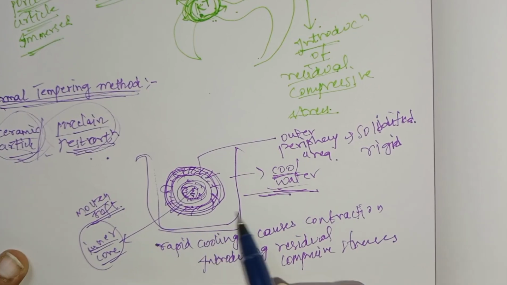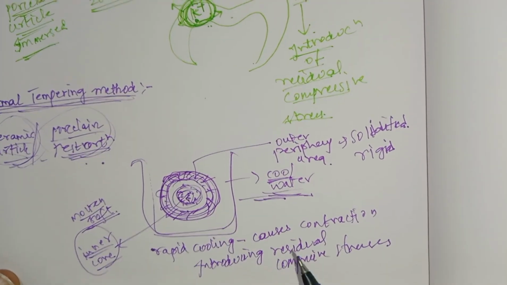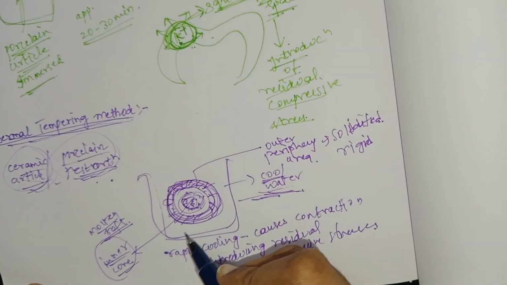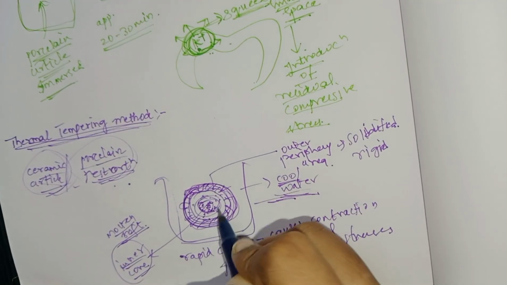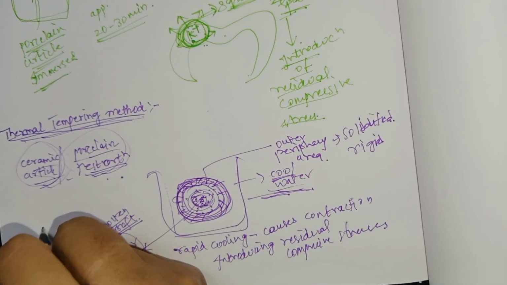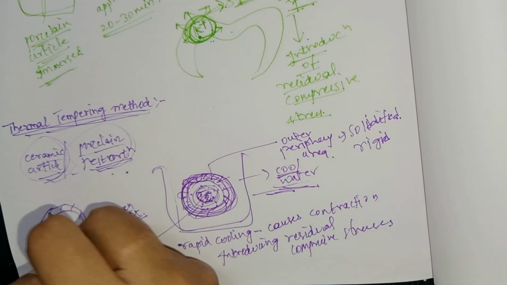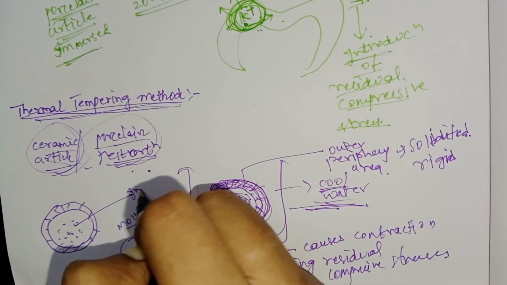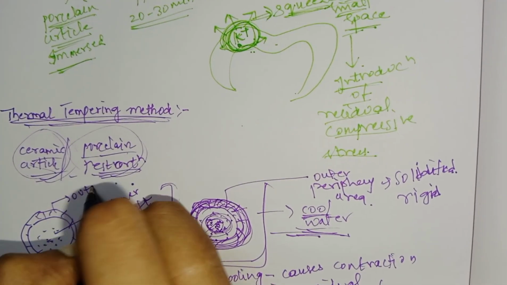This sudden cooling results in solidification of the outer layer first, which surrounds the inner soft molten core.